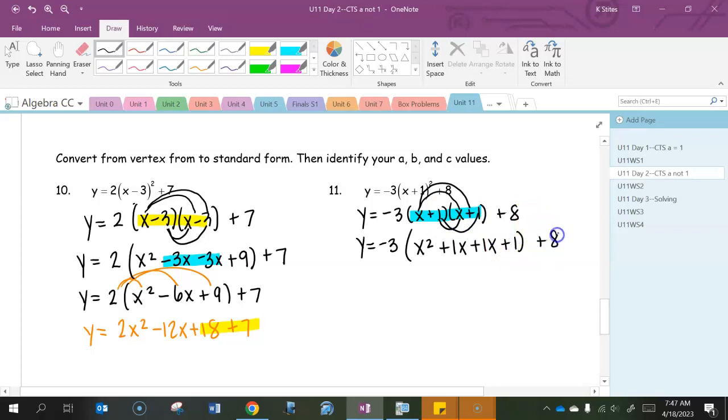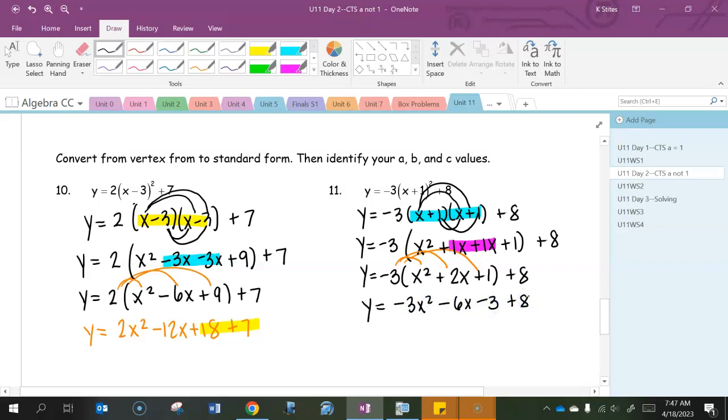Bring down the plus 8. Okay, combine your like terms. So 1x plus 1x is 2x. Now distribute. Be careful, it's a -3. So it's going to be -3x squared, -6x, and -3.